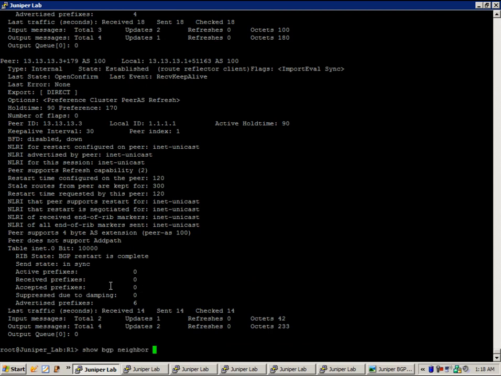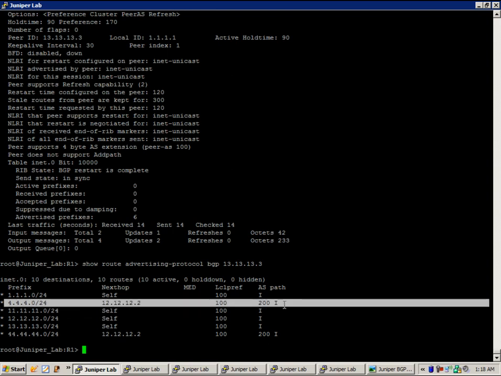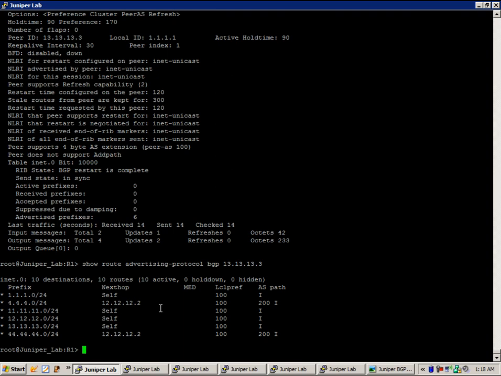And on R1, if I do a show route advertising protocol BGP to router 3, this is the routes that I'm sending via BGP to router 3. If I hit enter, you can see that we now have the 4 network and the 44 network that we're sending.